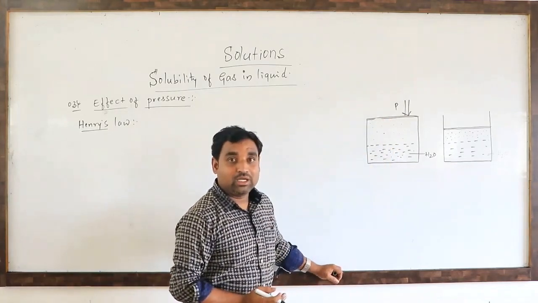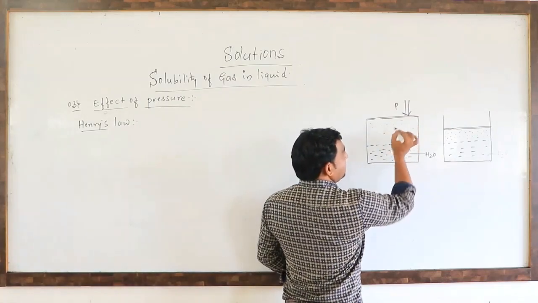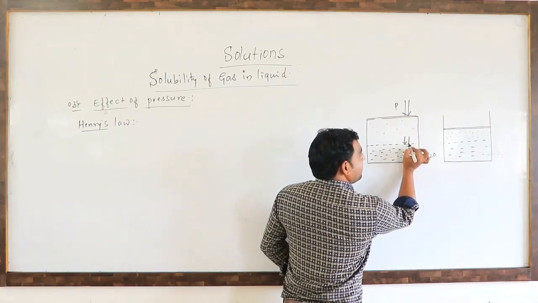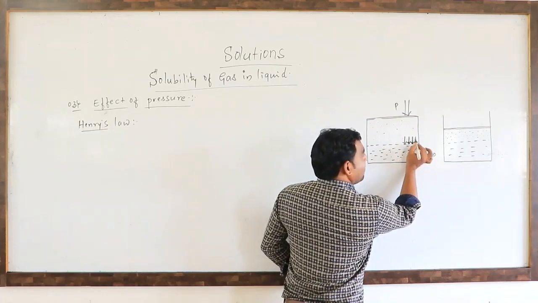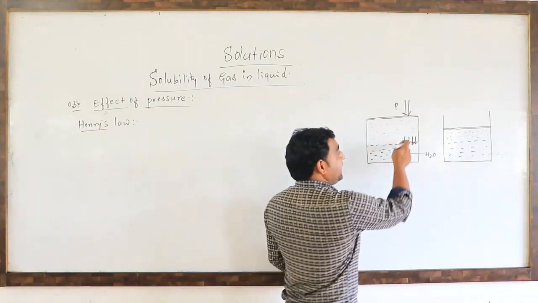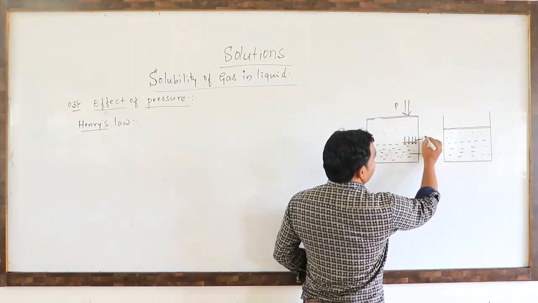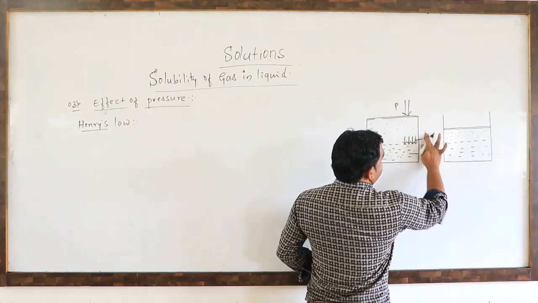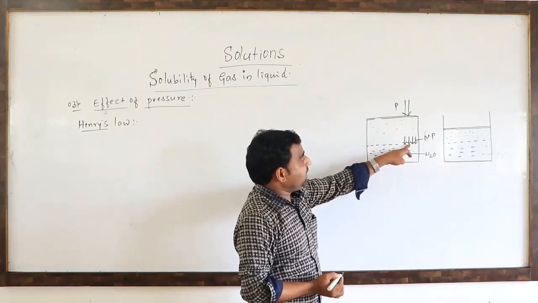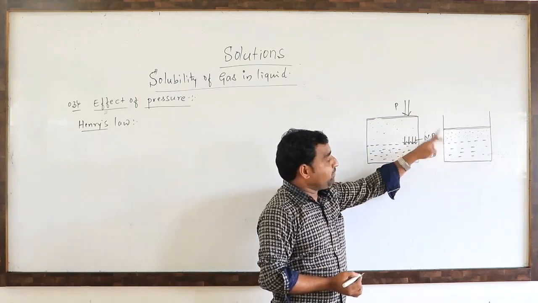If it starts evaporating, vapor molecules are collected over the solution. These vapor molecules put a pressure on the solution. That pressure created by these vapors is called vapor pressure, the pressure created by the vapor.